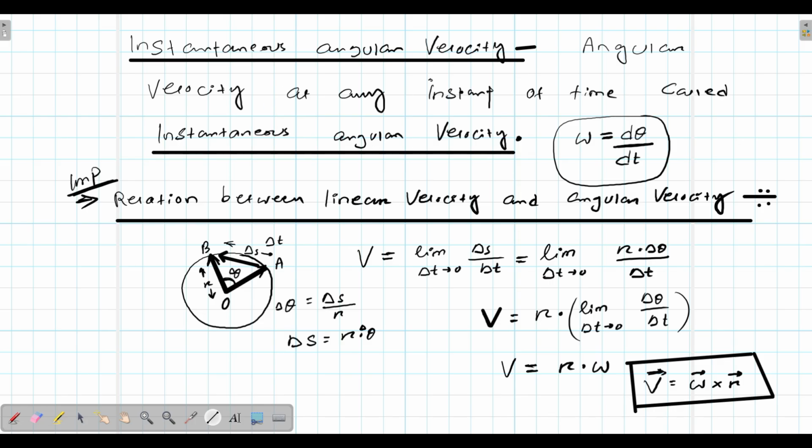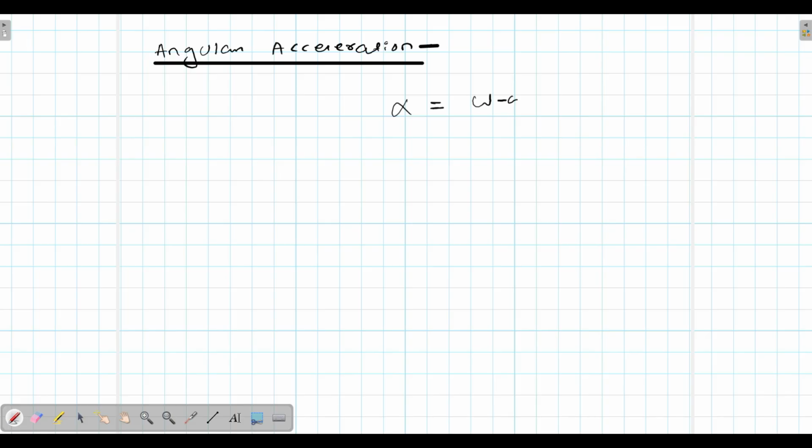Angular displacement, angular velocity. Next is angular acceleration. Angular acceleration says that alpha equals to omega minus omega 0 divided by t.